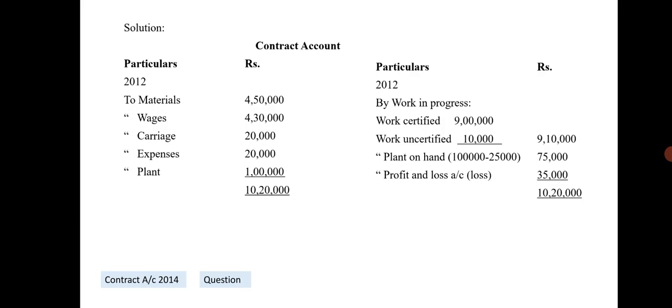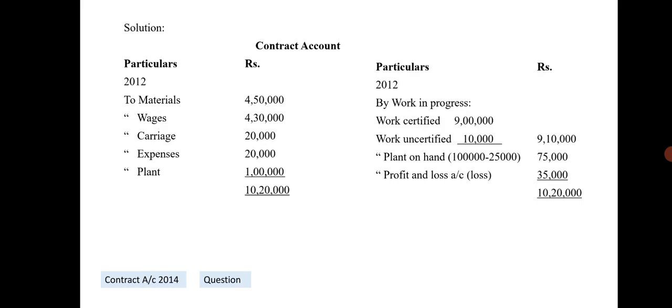Since it is a loss, no amount needs to be transferred to reserve. The entire amount must be transferred to the P&L account. No amount will be kept as reserve. So now we have completed the 2012 account.